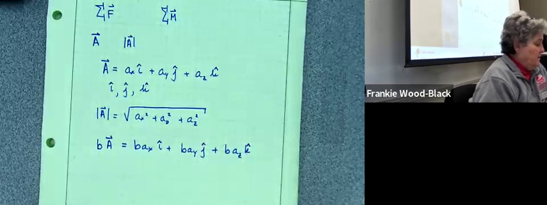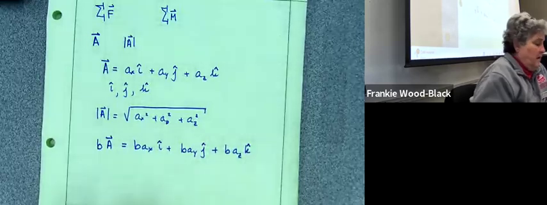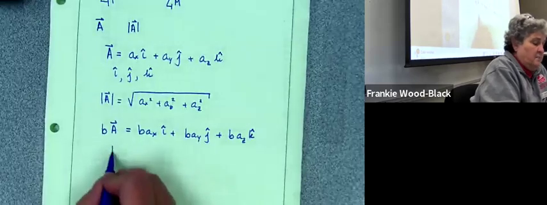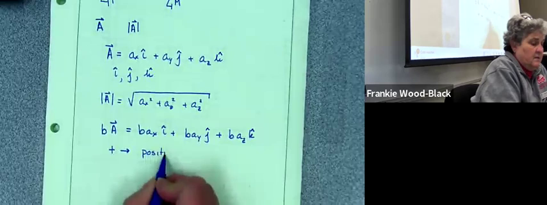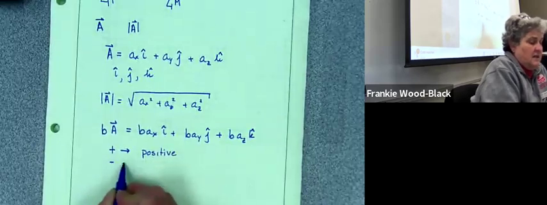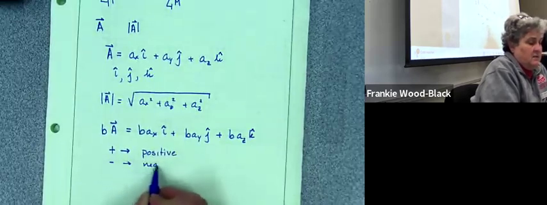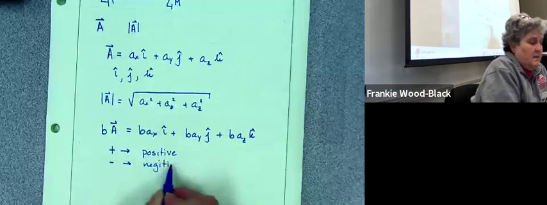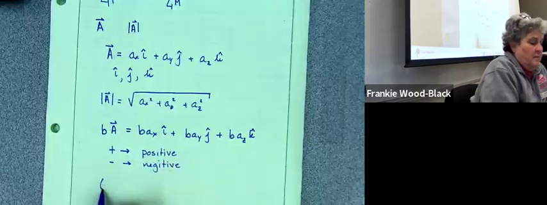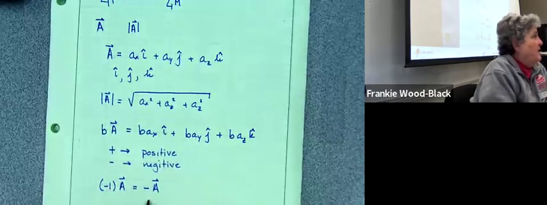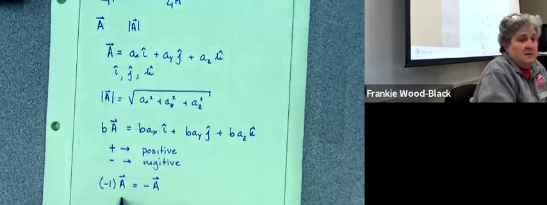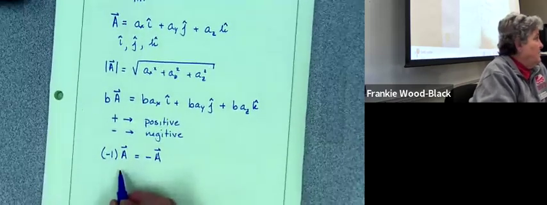So you would have that magnitude. If our value is positive, we're in the positive direction. If I have a value that's negative, it's in the negative direction. So if I do a -1A, it ends up as -A, and that's going to be in the opposite direction of my original vector.